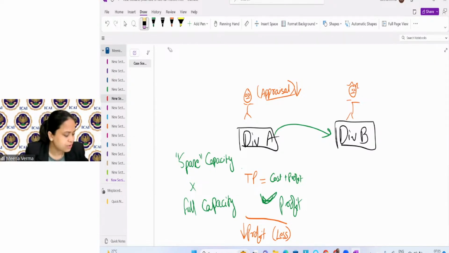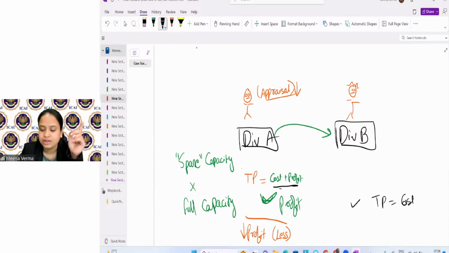In such a case, where he is raising the objection, we use dual transfer pricing rates. That means the transfer price for the two divisions is different. It is not the same. Generally the transfer price is the same, but here this will be cost plus profit.